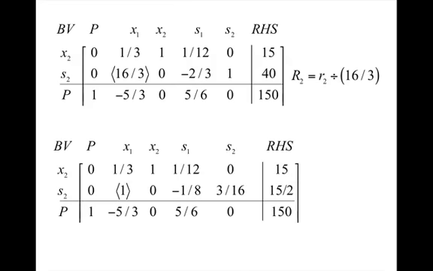So this is going to change row 2, and rows 1 and 3 will remain the same. So row 2 now becomes 0, 1, 0, negative 1/8, 3/16, and 15/2. And then recopy rows 1 and 3.